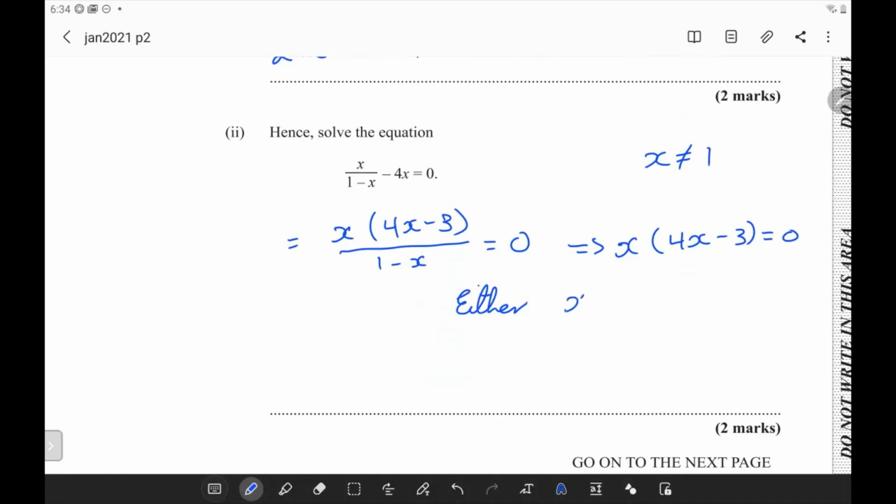So x is equal to 0, or 4x minus 3 is equal to 0. So 4x is equal to 3, dividing both sides by 4, we get x is equal to 3/4. Okay? That's the solution for this one: either x is equal to 0 or x is equal to 3/4.